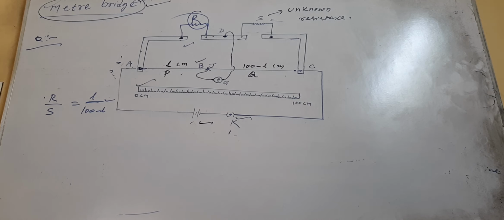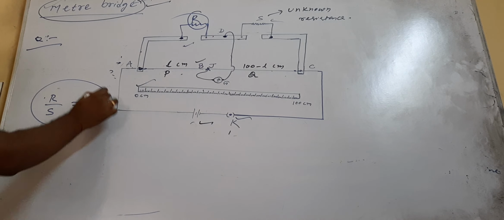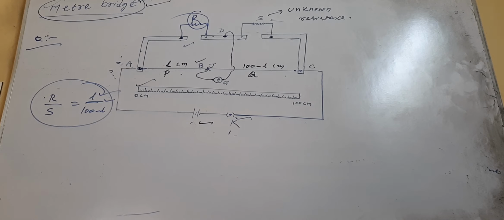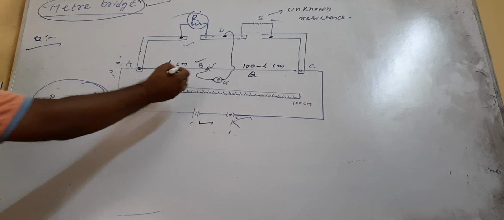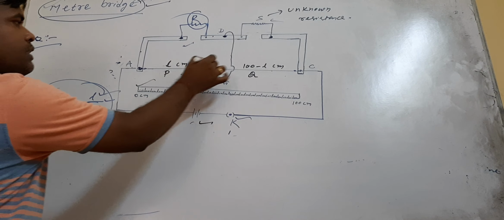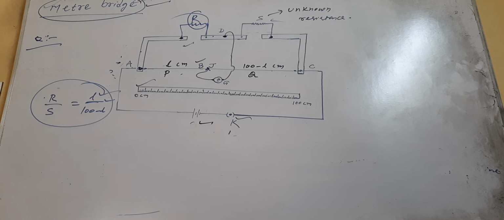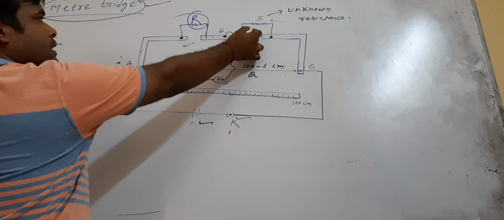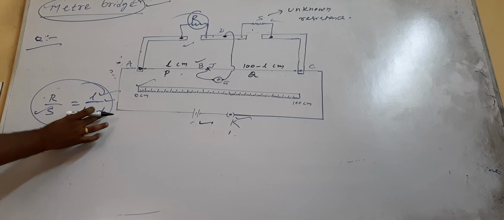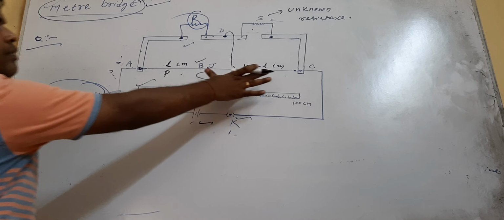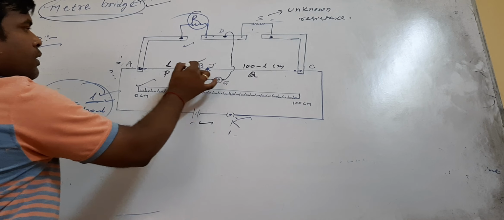If R will increase, then from this equation definitely L will increase. That means the null point will shift towards the right. If S will increase, then 100 minus L will increase. That means it will shift towards the left.